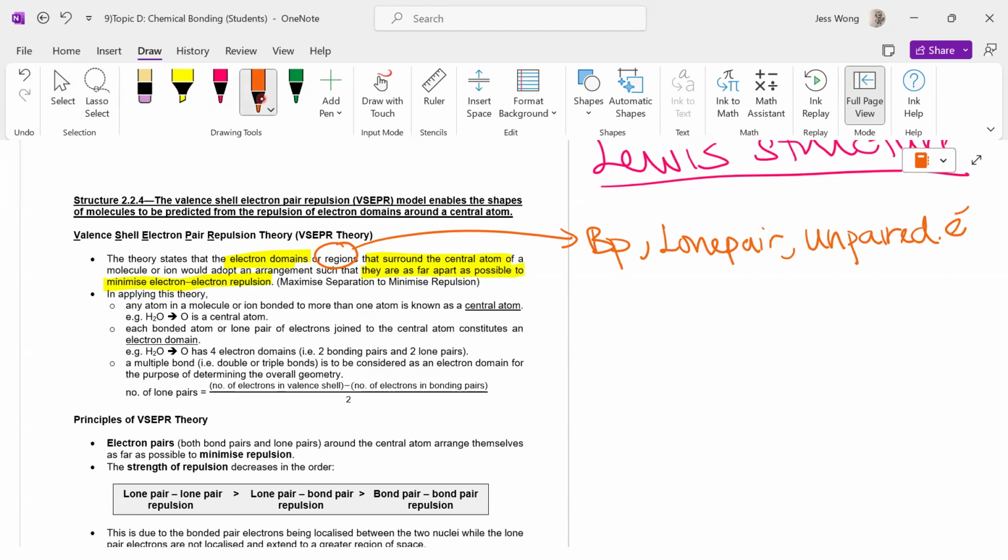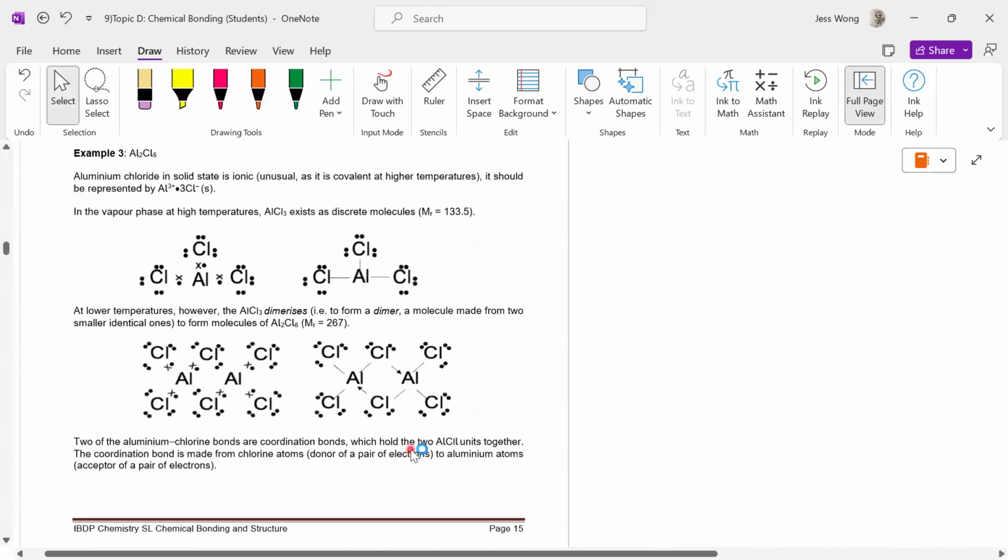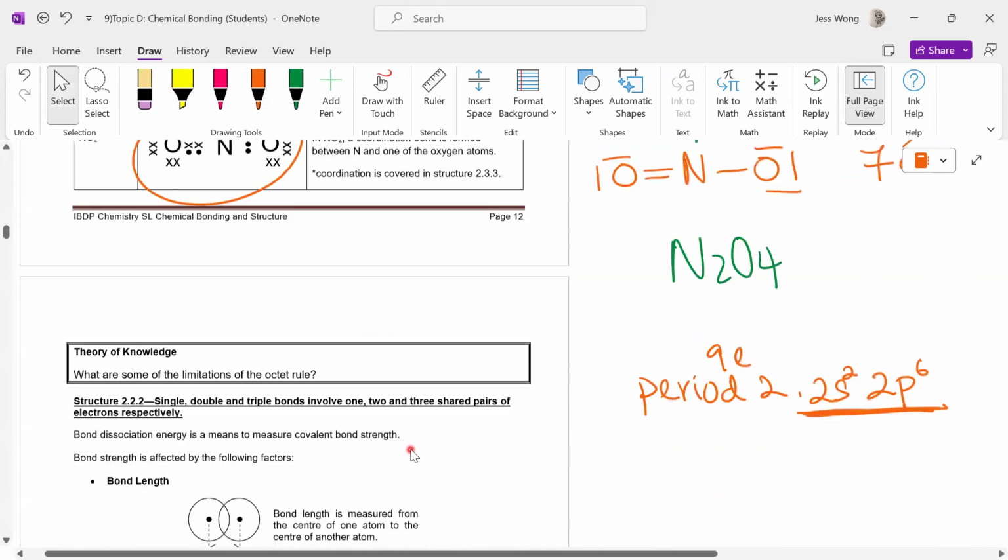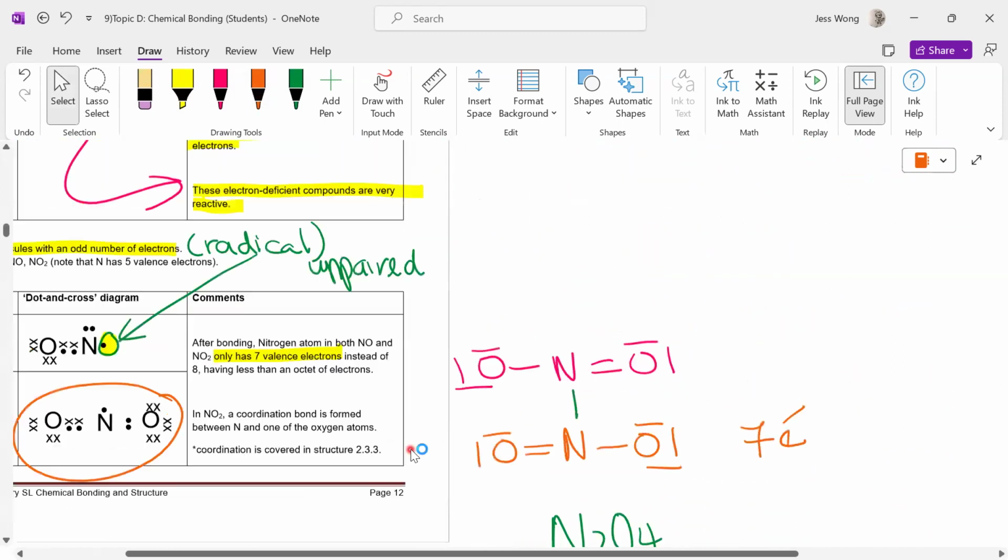So in order for us to know how to arrange it, what we do is always count the electron regions around an atom, which is always the central atom. Okay, so we finish with our drawing. If you still remember, let's say you have done your drawing over here.